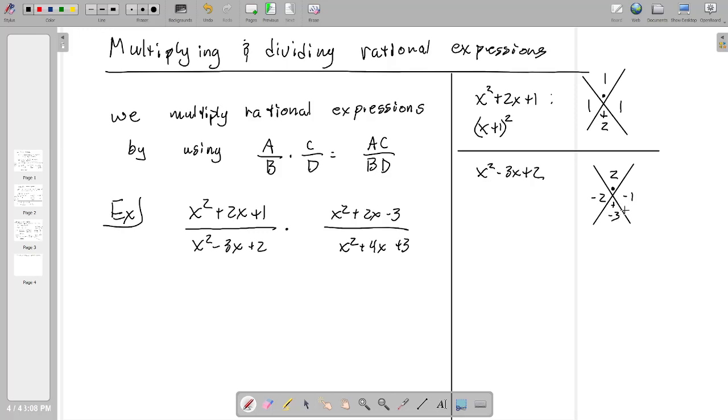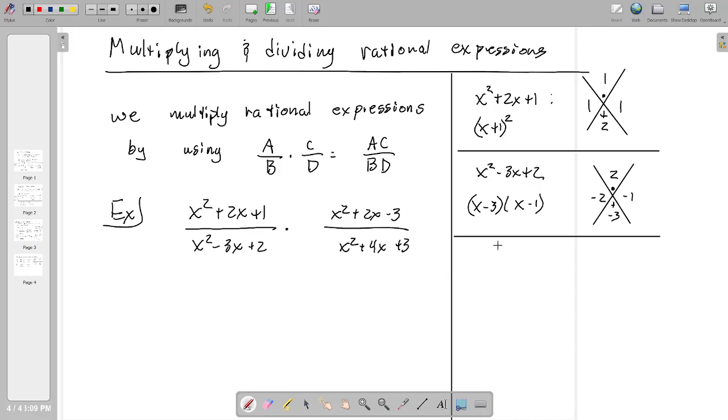Negative 2 times negative 1 is a positive 2. Negative 2 minus 1 is negative 3. So this will factor into x minus 2, x minus 1. And again, we can go straight to the answer because the coefficient of the x squared term is equal to 1. If it's equal to a number other than 1, you have to go through a longer process that we outlined in a prior section.